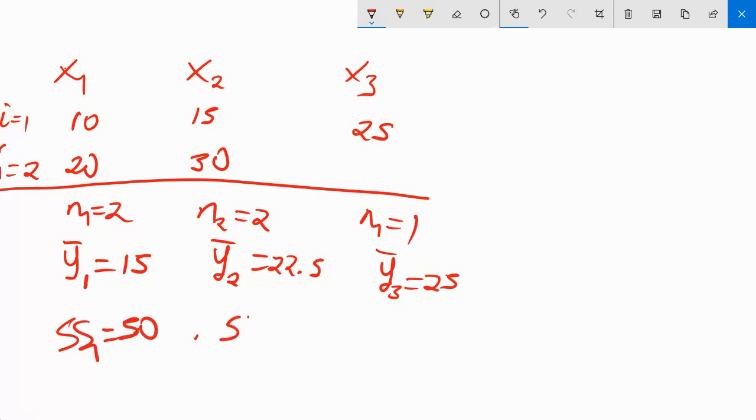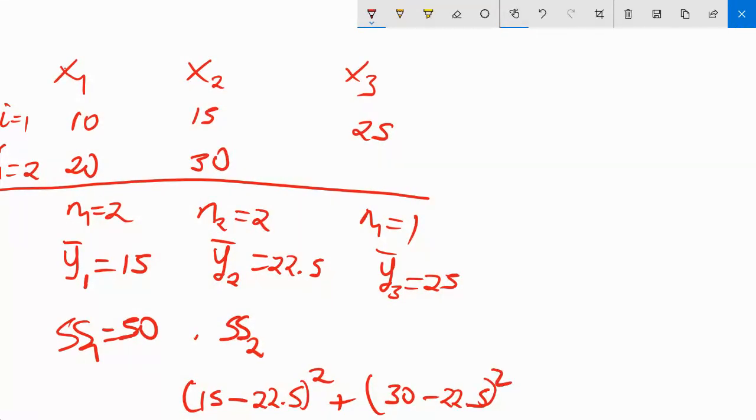Now we want to calculate SS2, the sum of squares of the deviations for the second level. So we have the mean, and to get that, we're going to have 15 minus the mean, plus 30 minus the mean, which is 22.5, squared. And that total is the value for here.